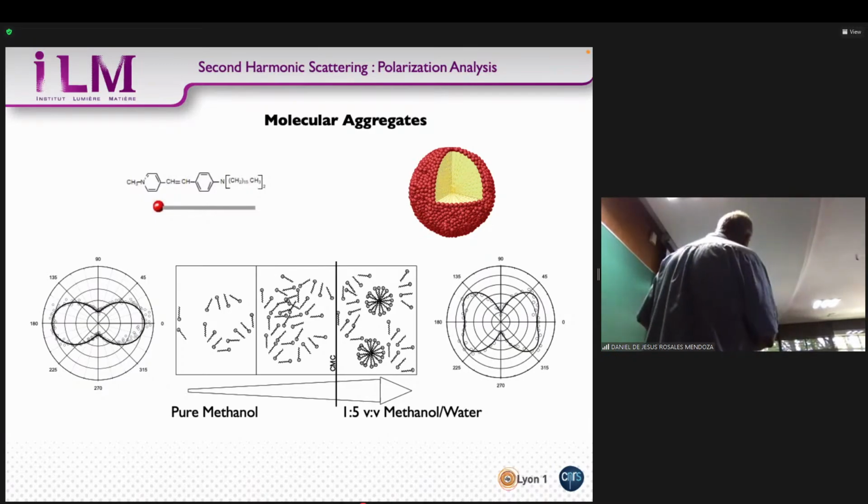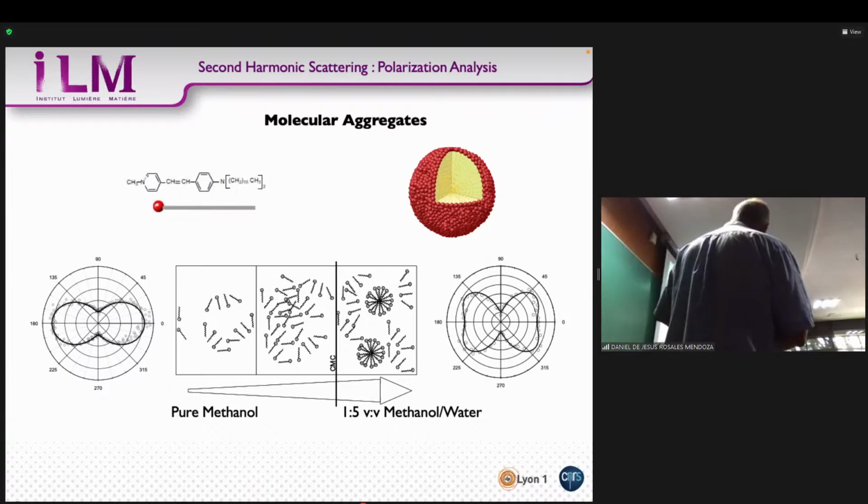What I will get is 4 lobes. And you see that when we go to this concentration, we have 4 lobes. So we can pick up the fact that in this mixture, the molecules are both organized as well-dispersed molecules plus aggregates of molecules. We can see that, and we can even quantify the ratio between the two contributions.